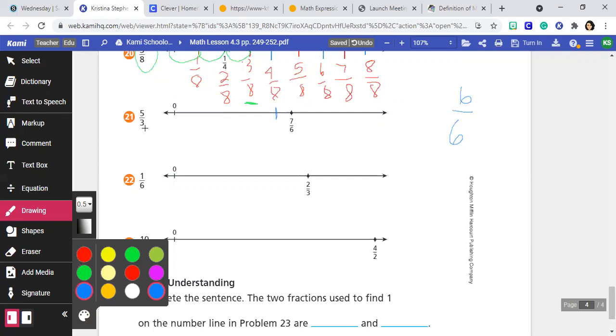Maybe right around here. So if this is 6/6, that would be where the number 1 is. Now that I've located 1, oh no, that won't work because 5/3 is greater than 1. Let's try that again. Let's just go in and number them into sixths.